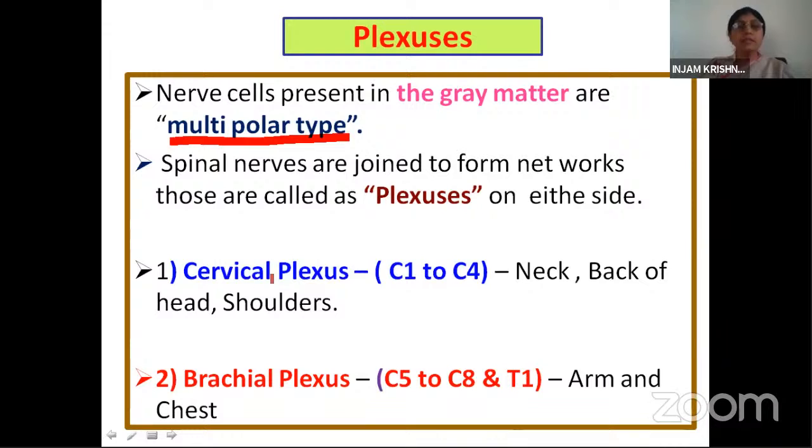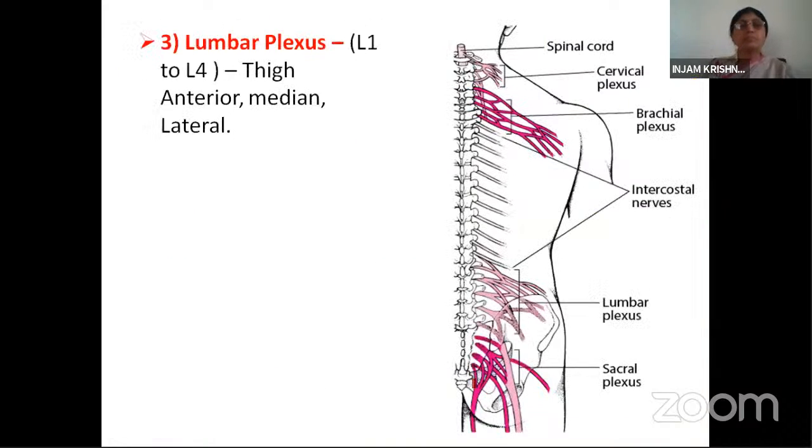How many plexus? One is the cervical plexus, C1 to C4. They reach the neck, back of head and shoulders. Second is the brachial plexus, C5 to C8 and T1. They reach the arm and chest. Lumbar plexus, L1 to L4, reaches the thigh, anterior, medial and lateral.